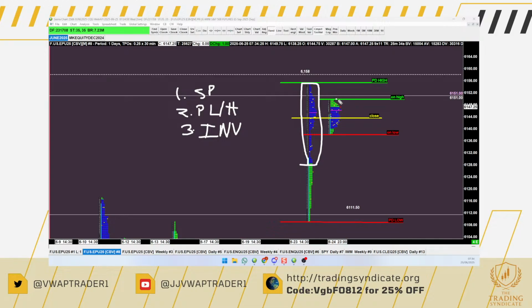The overnight is right in the middle of that area. The overnight trading session has not taken out yesterday's high or the low, and it's in what market profile traders call the value area. I call it the cost basis because it just tells you where stuff is priced at.